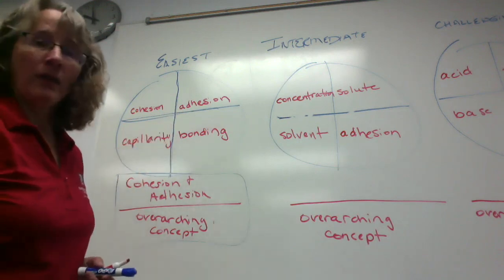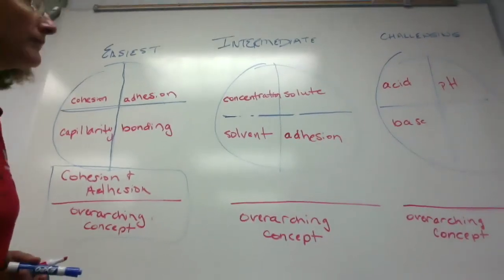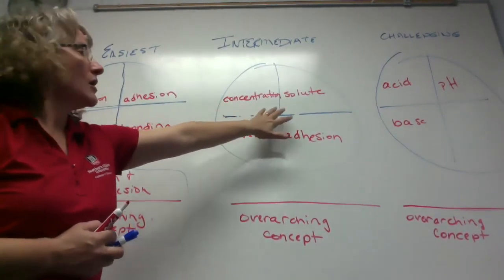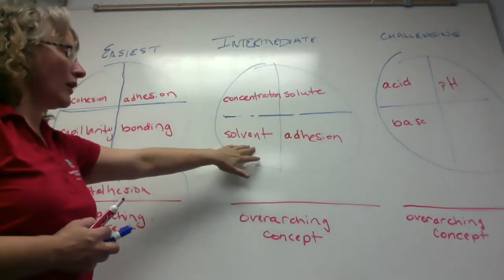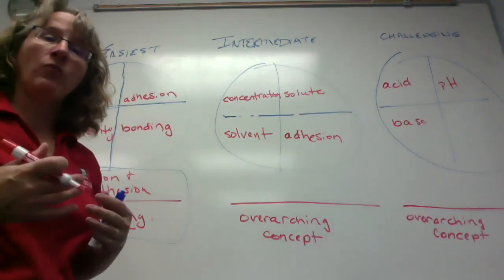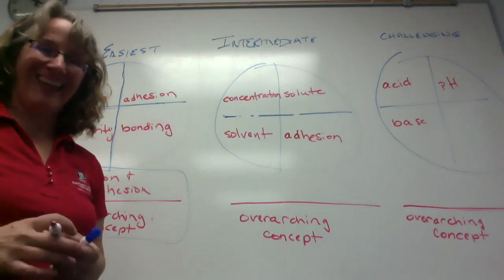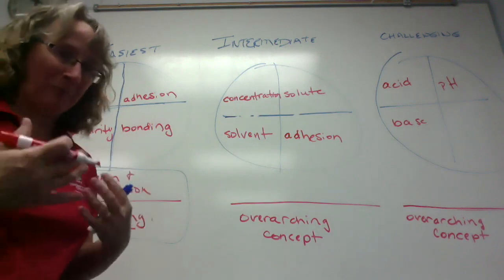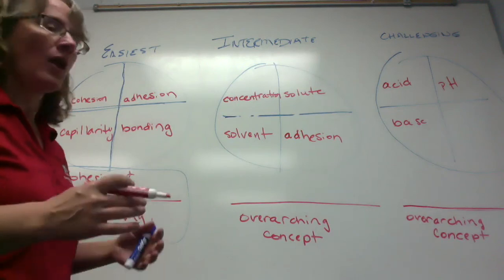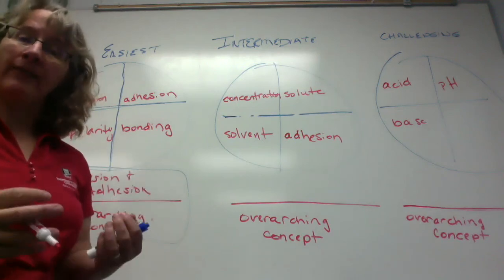Then moving on to intermediate, in the same chapter, we have the words concentration, solute, solvent, and adhesion. Now, in the intermediate, we have one word that does not fit. I often go back to picture pages, way before anybody's time here, but we're trying to figure out which one does not fit.